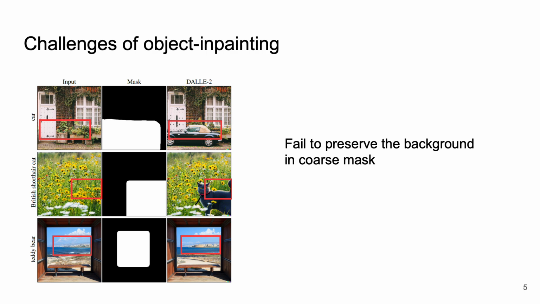In the input image of the door, we can see the mask, and DALL-E 2 generates a quite high quality car inside the mask. However, we can notice that there are many unnecessary changes. For example, the doorbell has been extended, which is unwanted, because users just want to generate a car instead of changing the background. The main problem is that our input is a coarse mask, so how can we preserve the background information inside this mask?